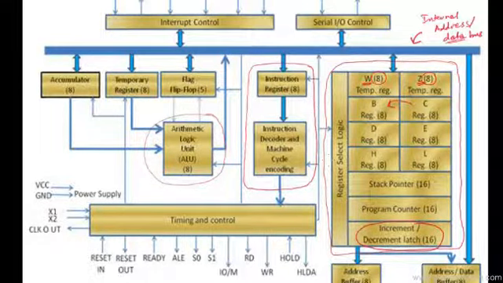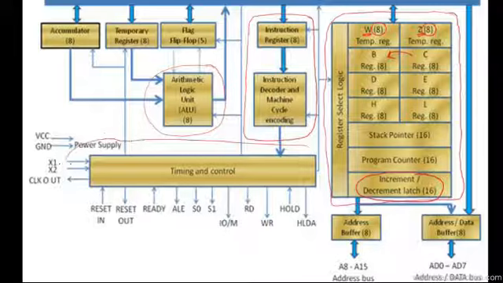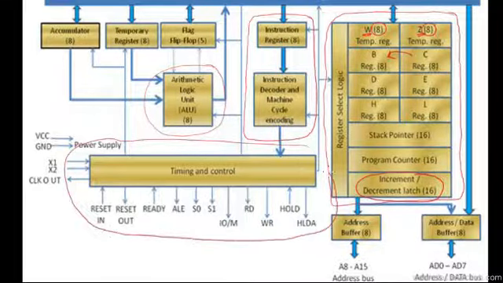All right, now another question can pop up in your mind: there are so many parts inside the 8085 and all are working in synchronization with each other. So how is everything so synchronized? That's a good point. Here I'm going to introduce you to the timing and control unit, which does the work of synchronizing every task inside the 8085 microprocessor.